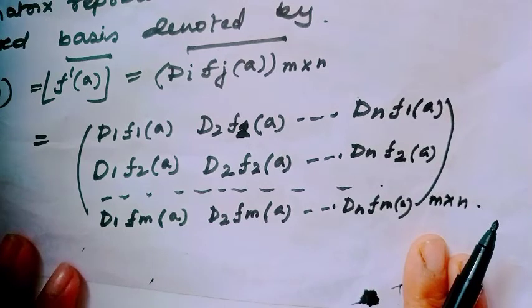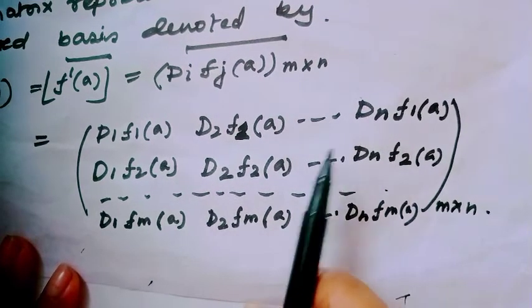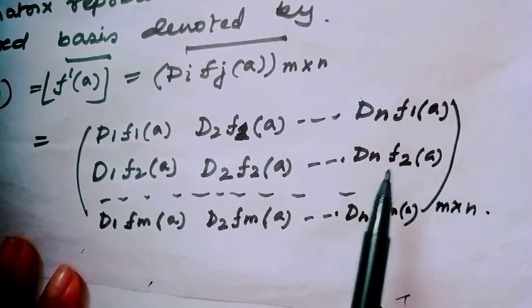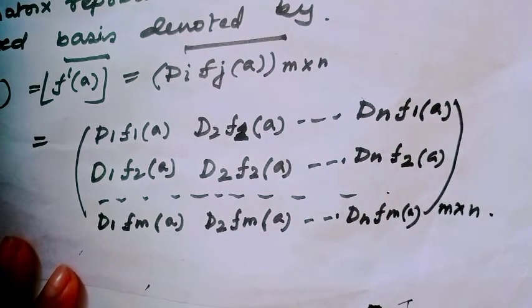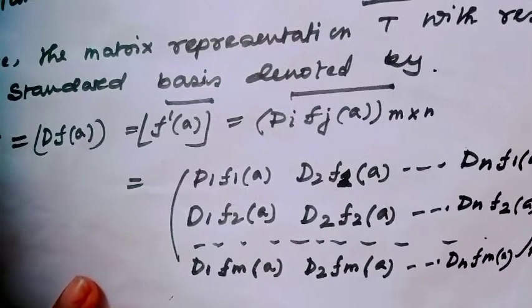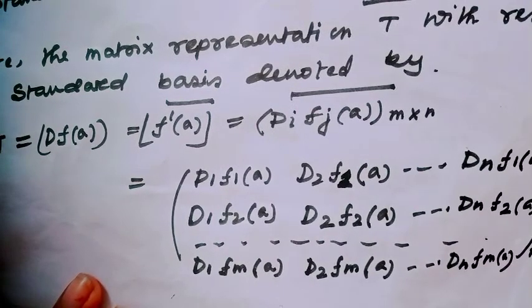Therefore, this matrix is nothing but first row is gradient of f1, second row is gradient of f2, and mth row is gradient of fm at the point a, and this is actually called the Jacobian matrix at the point a.